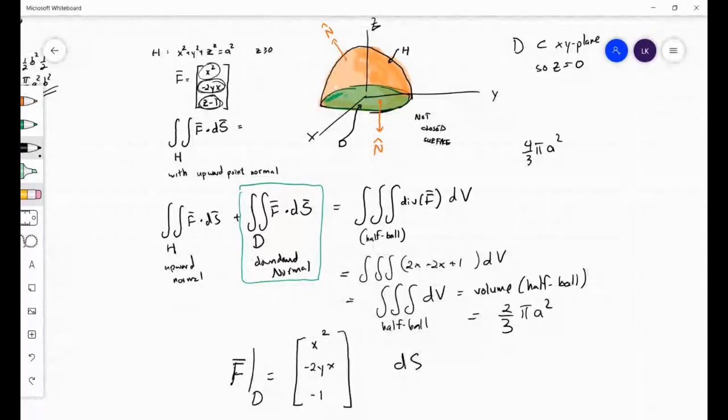Okay, so how do we find the differential area element with unit normal? Well, we can just guess what it is. The unit normal would be downward pointing in the z direction, so 0, 0, minus 1.